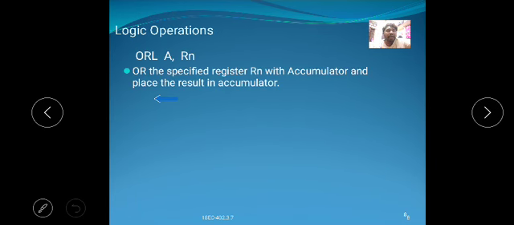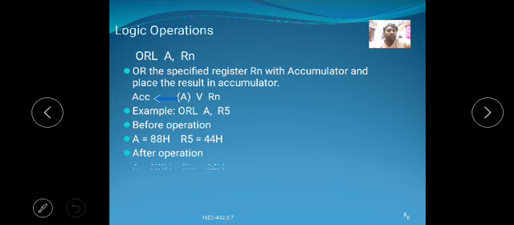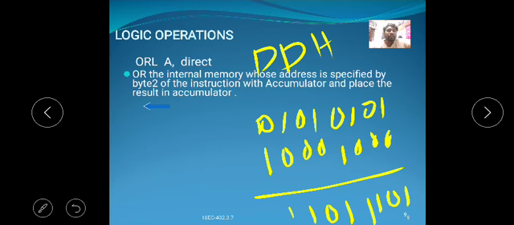Logical OR A, Rn. OR the specified register Rn with the accumulator and place the result in the accumulator. Accumulator A OR R5. Example: ORL A, R5.